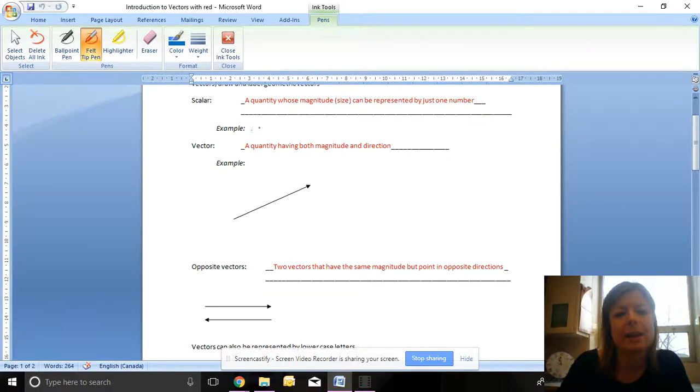For example, age is a scalar quantity because you just have somebody's age, they're 17 or 30 or whatever. Volume is a scalar quantity. Area, speed is a scalar quantity. Temperature, things like that. But we're going to get into vectors, which are quantities that have both magnitude and direction.